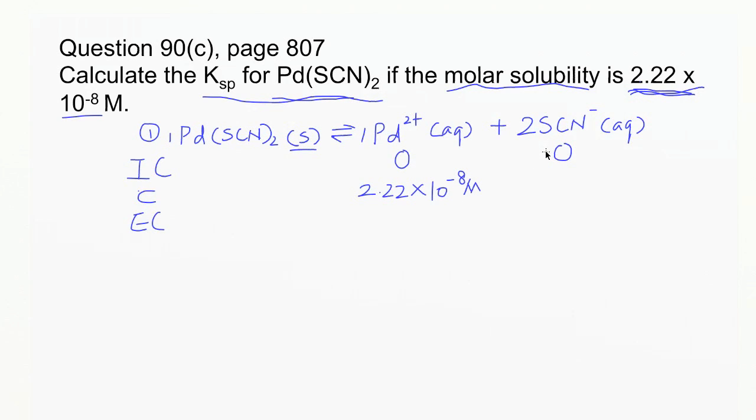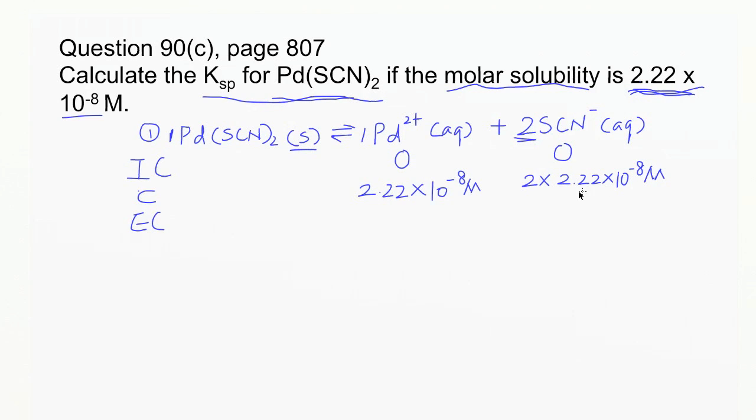Now for thiocyanate, because one equivalent of this lead thiocyanate will dissociate to give you two equivalents of thiocyanate, the change for thiocyanate is 2 times 2.22 times 10 to the negative 8 mole per liter.